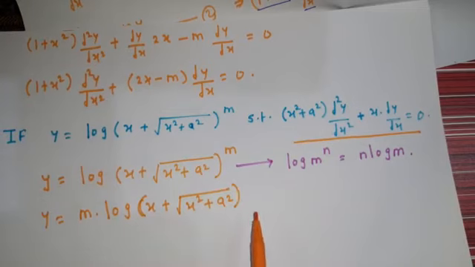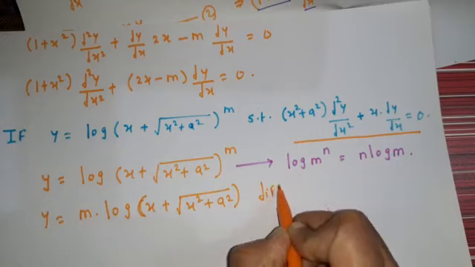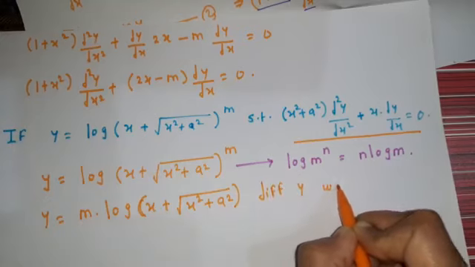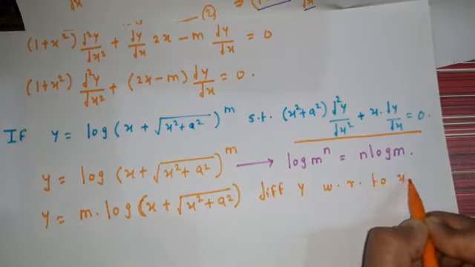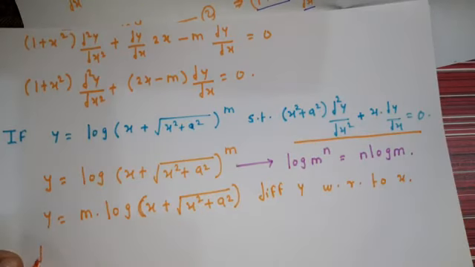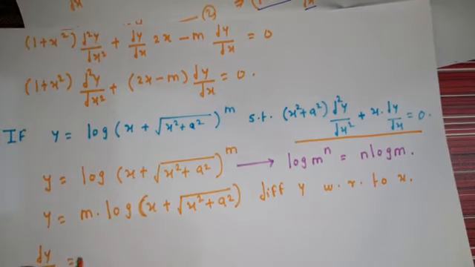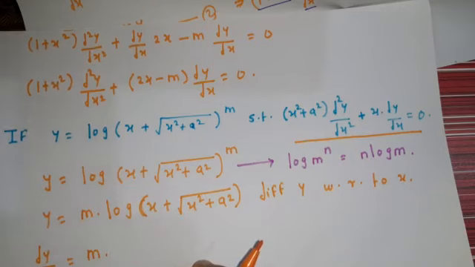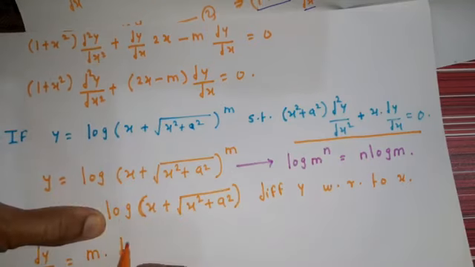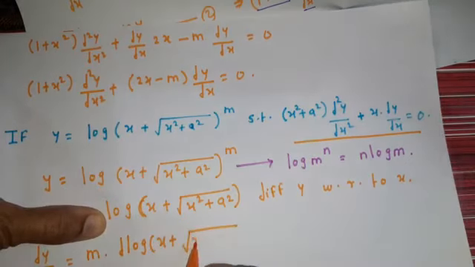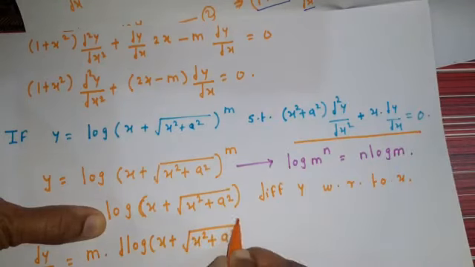Now differentiate y with respect to x. We get dy by dx equal to m is constant, differentiation of log of (x plus square root of x square plus a square) with respect to x.